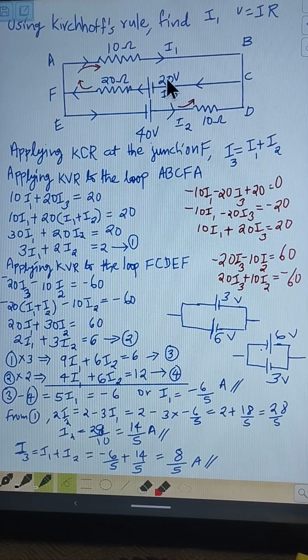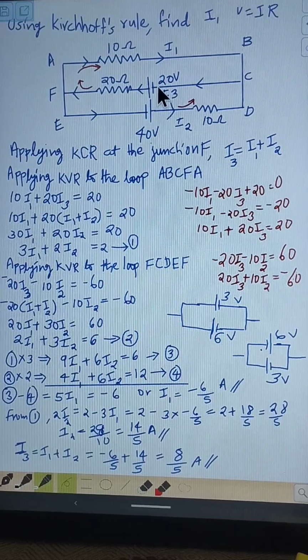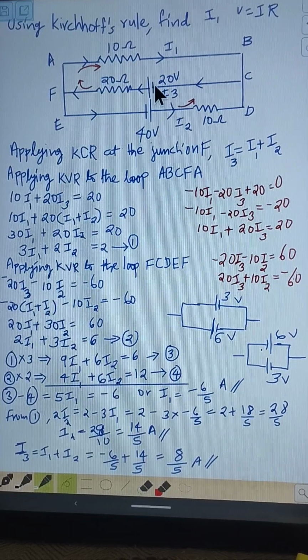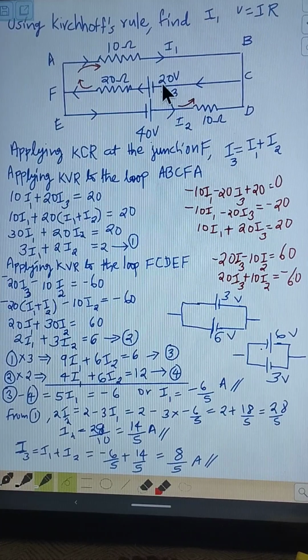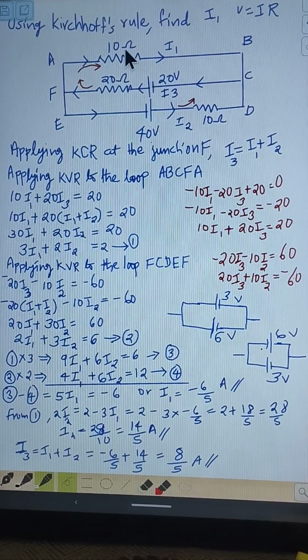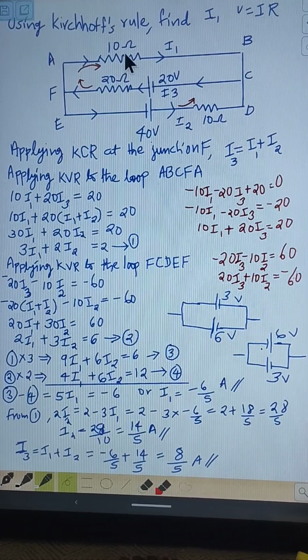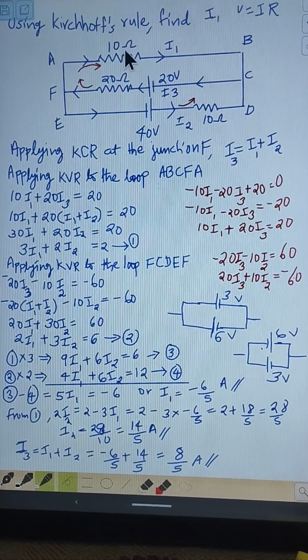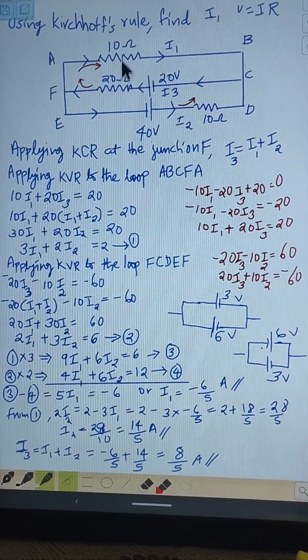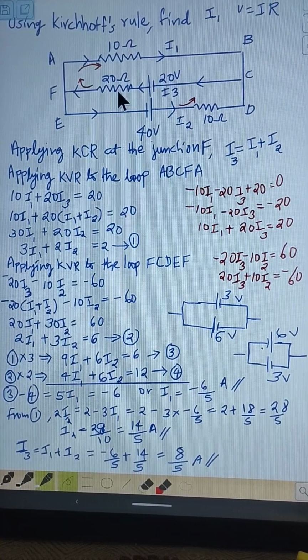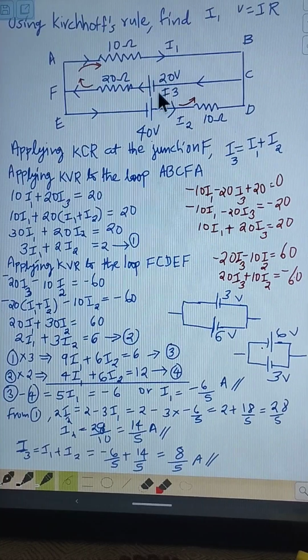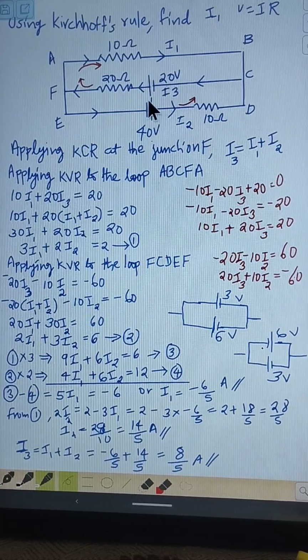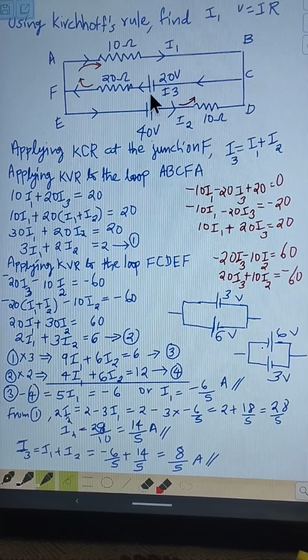What about its potential? We know this cell is the source, it supplies energy, whereas these devices consume energy. So these devices create potential drops, whereas the cell, that is a source, supplies the energy.